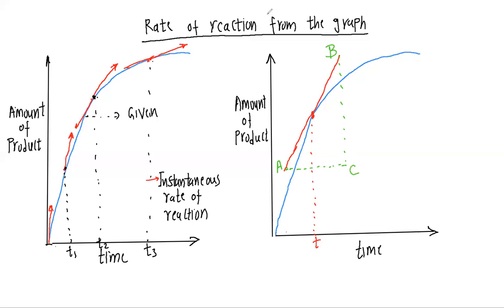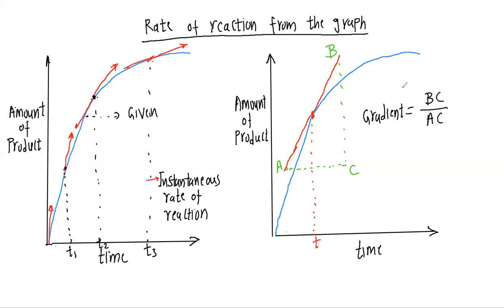So how to calculate the gradient? Gradient is equal to the distance BC upon AC. That is how we calculate y2 minus y1 upon x2 minus x1. You have learned this in geometry.